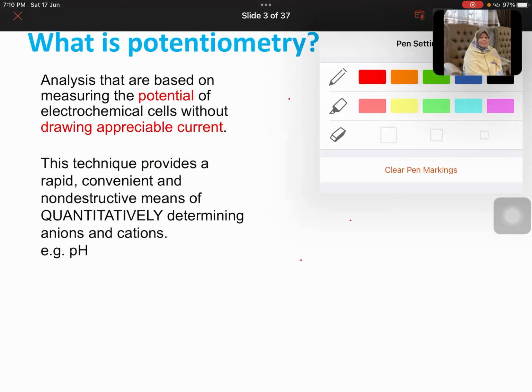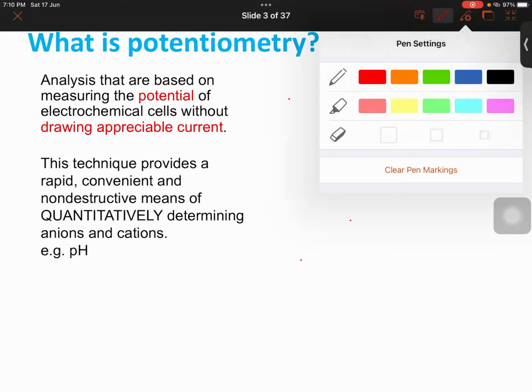The principle of potentiometry is the measuring of potential due to a chemical reaction, and the chemical reaction is spontaneous, without the need of drawing a appreciable current. It means that you do not need much current in order to make the electrochemical reaction happen. When the electrochemical reaction happens, it provides a potential difference.